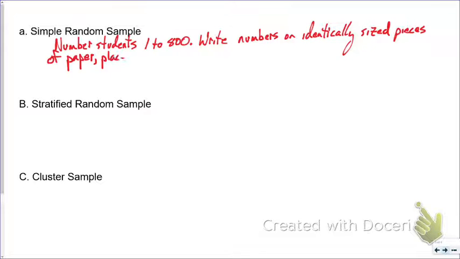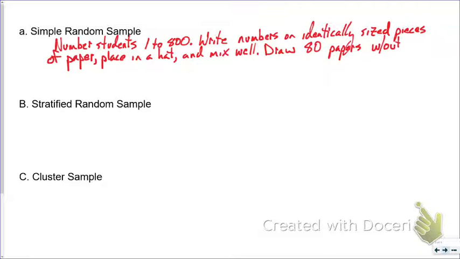Place in a hat and mix well. Draw 80 papers without replacement.